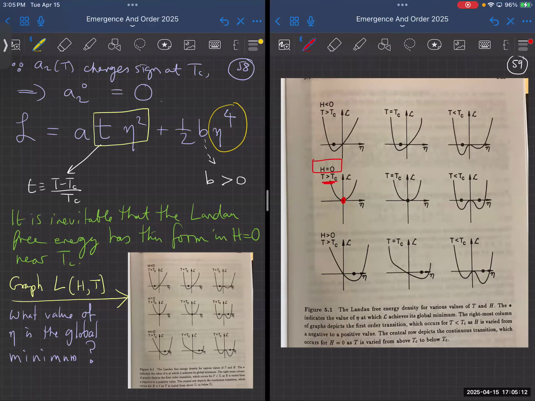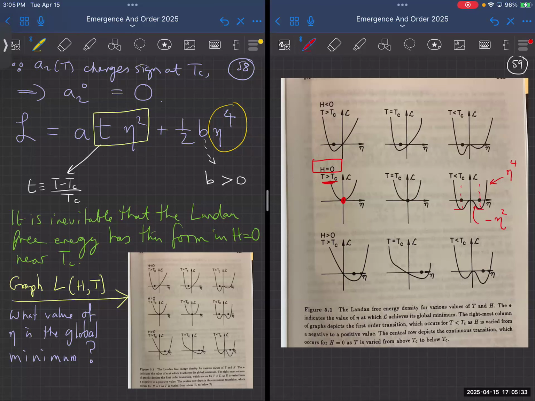And so what happens then is the function, so this part of the function is due to the eta to the fourth term, and this term over here is due to the minus eta squared term, and then the actual minimum values are these two values here, this one and this one. They're two degenerate minima.